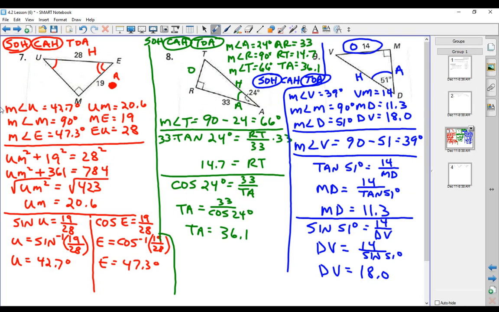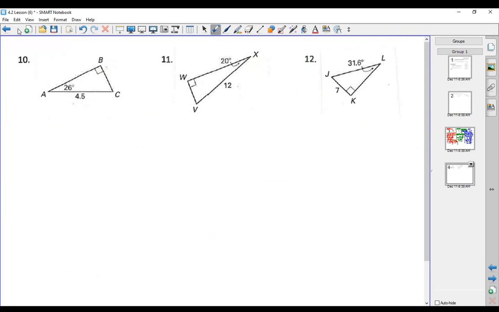All right, let's move on to the last 3 examples. Same thing, we're still solving for a right triangle here, and we want to start off by writing our pieces in here.